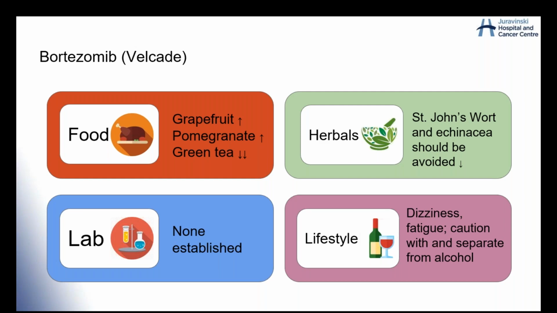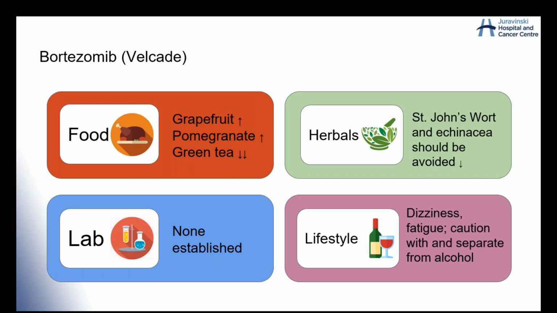It's a subcutaneous injection, meaning it's an injection under the skin. So it doesn't really matter if you've had your meal just before you came to the cancer center to get it or not. It's not going to go through your stomach, so it doesn't interact with food in general. However, these food items it interacts with once the medication is actually inside your bloodstream.